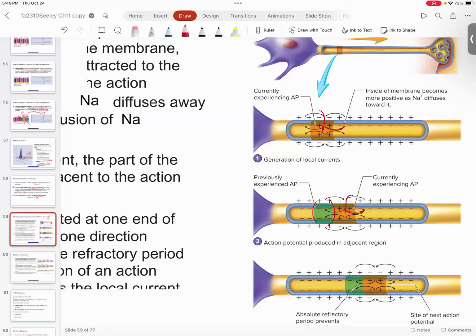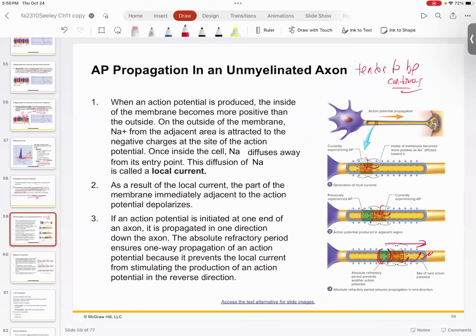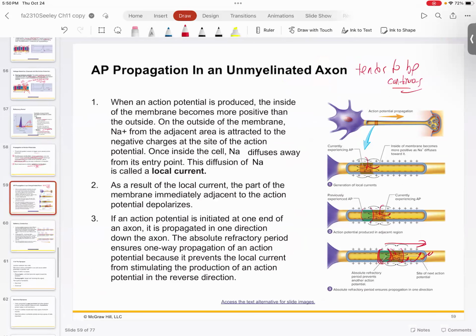And now the next piece is going to go into repolarization mode, and so forth. So this rolls into the next segment, which rolls into the next segment, and so forth. That's what's called continuous propagation.